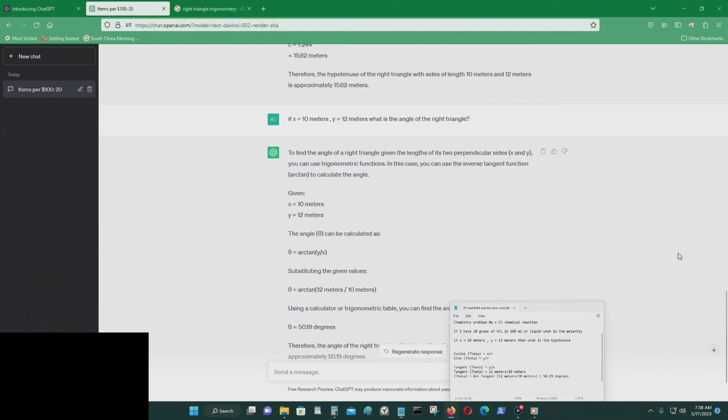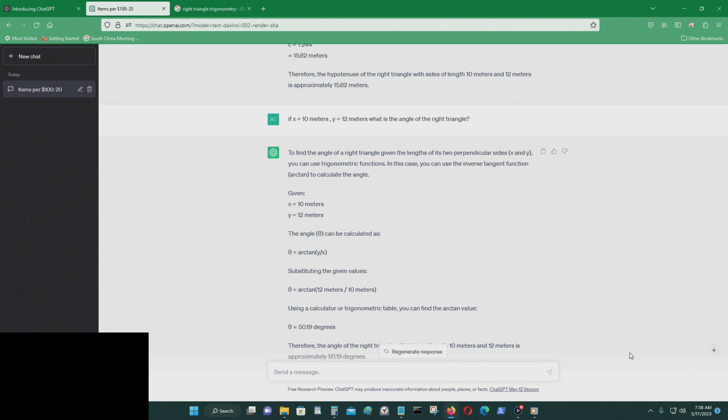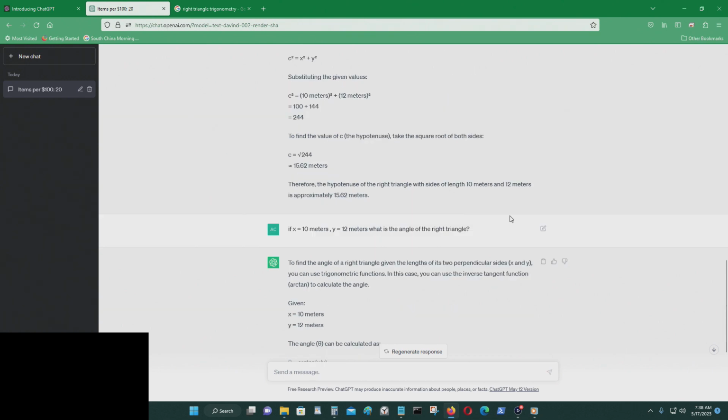If you were a scientist or an engineer, it could make your life a lot easier. You don't have to do all these computations or calculations. You could just use ChatGPT to do it. It's a very powerful tool to use.